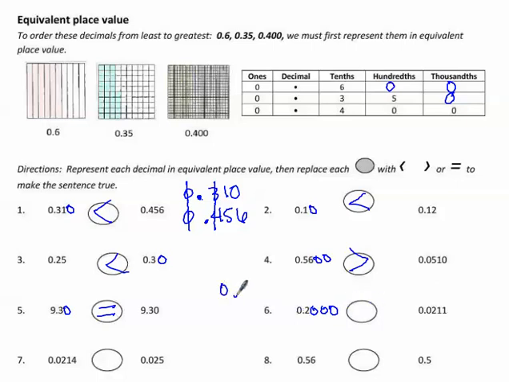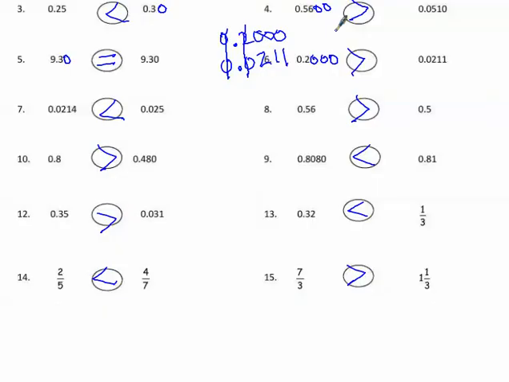When I compare them number by number, place value by place value, these are both zeros, move on to the next number. 2 is greater than 0, making this first decimal greater. Pause the video and finish the page. Check your answers with the ones below.